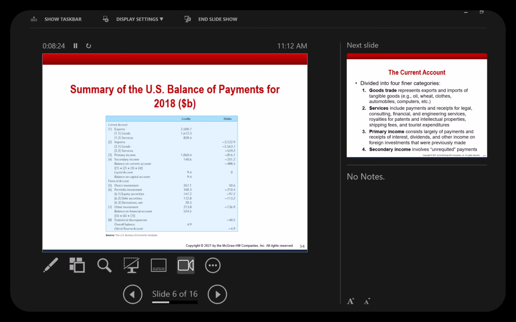So if a lot of your financial account credits are in terms of direct investment, it is more desirable compared to portfolio investments. Again, we have the breakdown of the portfolio. About a third in stocks, close to half in debt securities, basically bonds and stuff. This is a lot higher now.